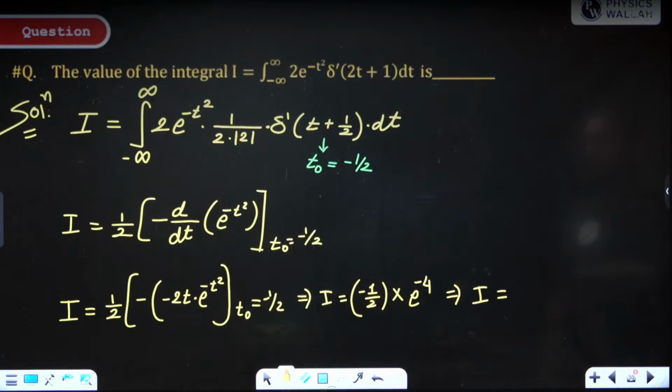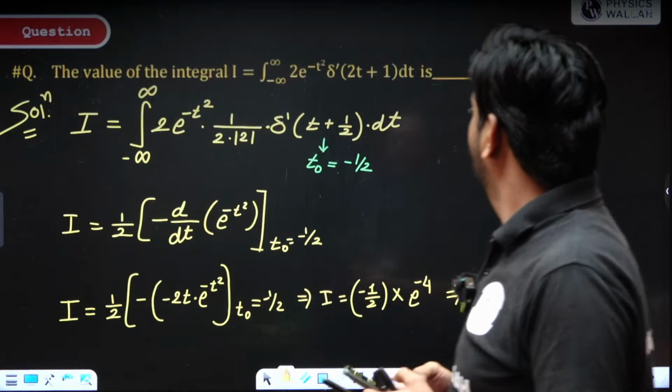Minus 1 by 2, e to the power minus 4 into 0.5, 0.009, minus 0.389. Wait, let me check once then.